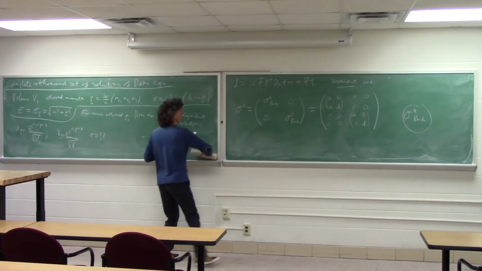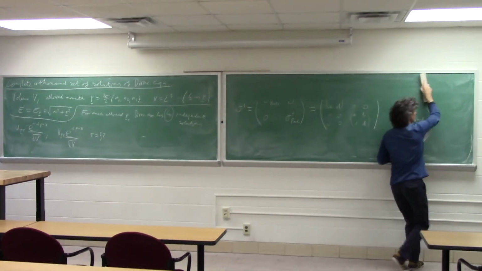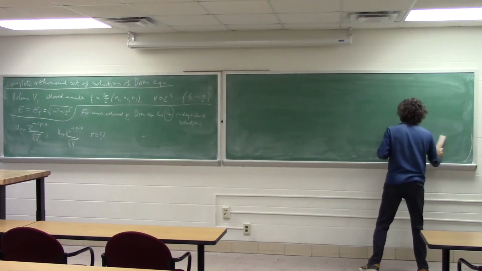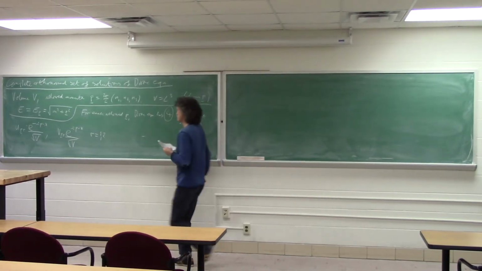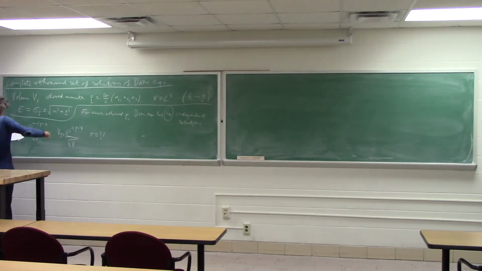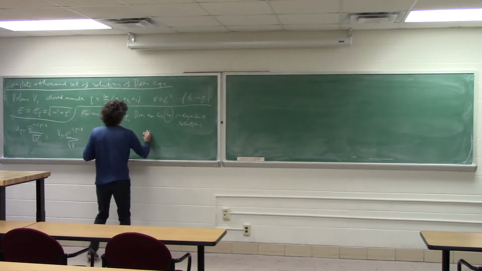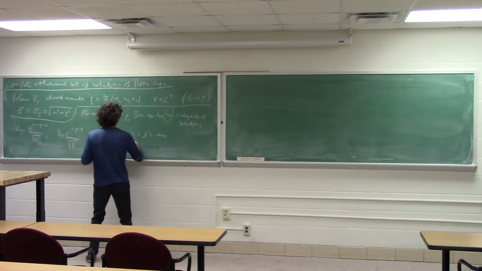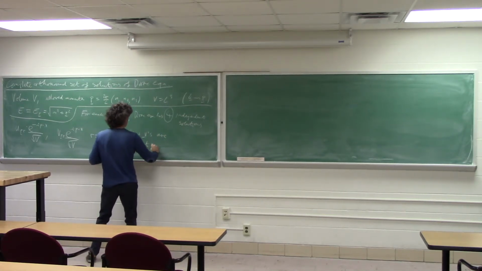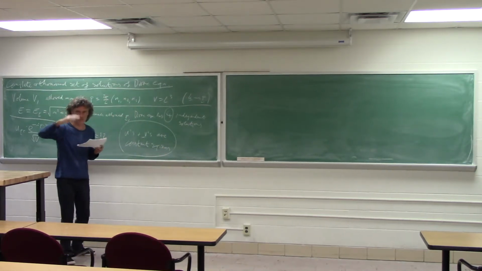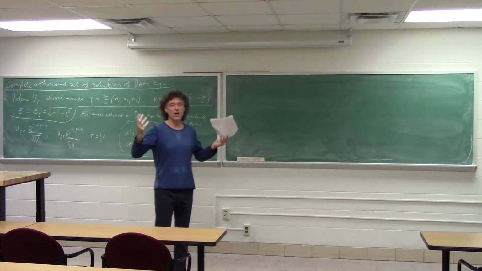Now, what are these u's and v's? The u's and v's are constant spinors. When we say constant spinors, we mean they're a four-component complex spinor whose entries are just constants.